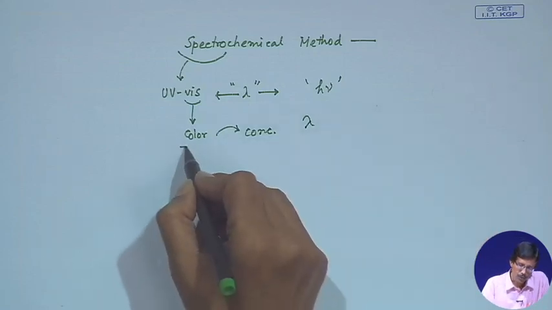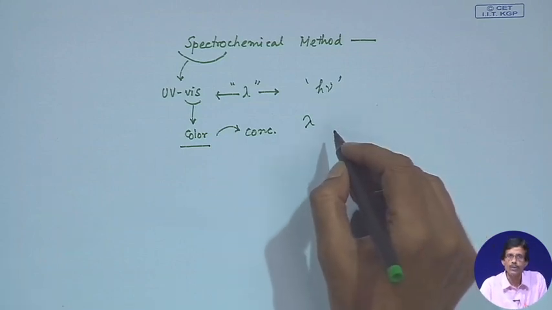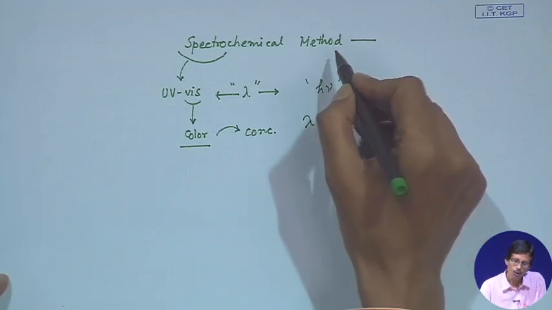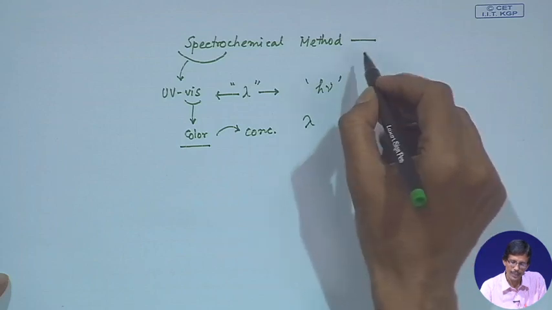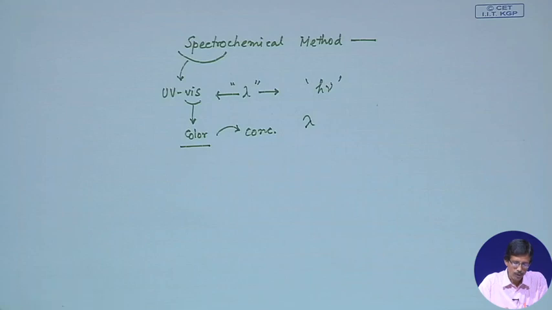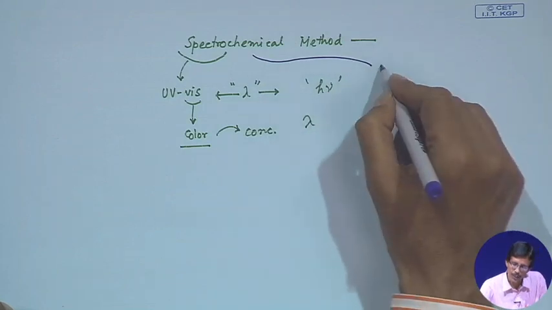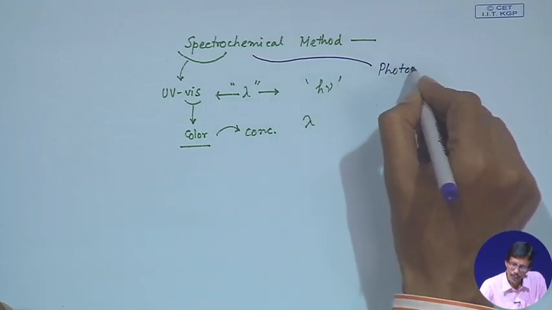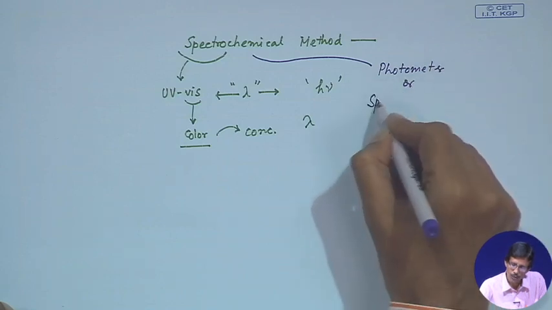So, that particular solution which is colored in nature can be a corresponding metal ion solution or any other analyte. All these analytes can be analyzed or estimated by means of a typical spectrochemical method, where we basically use a photometer or a spectrometer or a spectrophotometer.